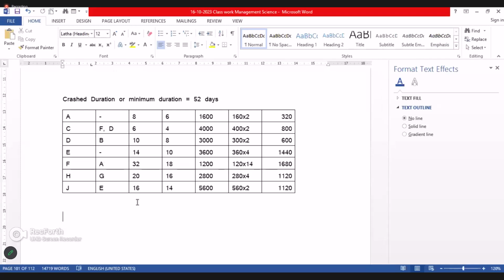So we have to rank this as one. Highest cost slope is F. So that is the lowest one. Cost slope means this is the individual cost.